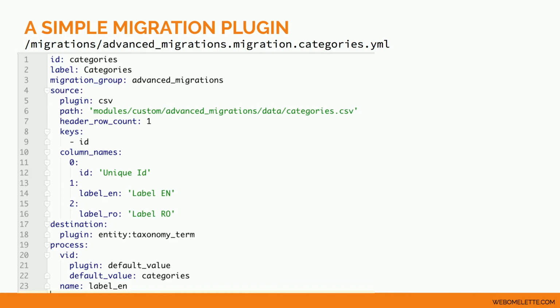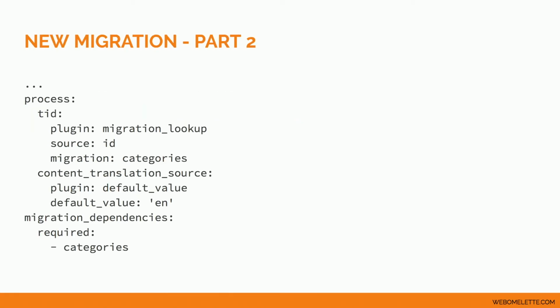But now we leave that out because that is literally what makes our thing dynamic. We don't know what name to put there, what column, because it's for each language. But we need to migrate the term ID because we don't want to create new ones. We want them to be saved as translations on the existing categories that have been migrated.